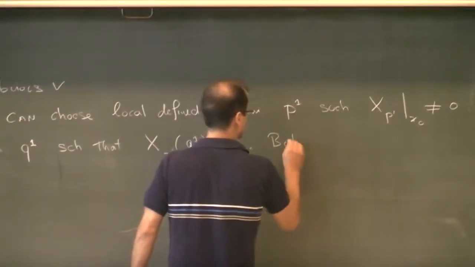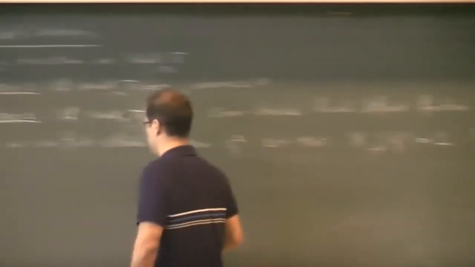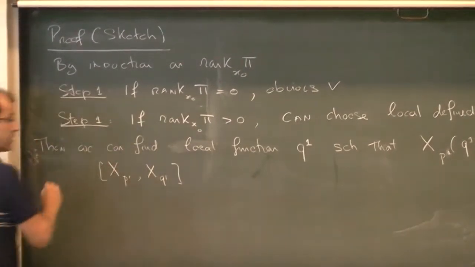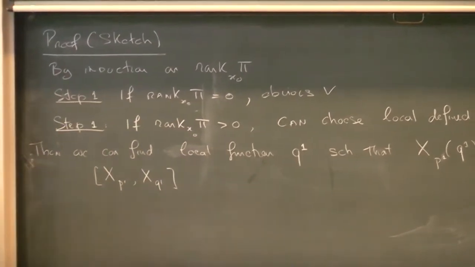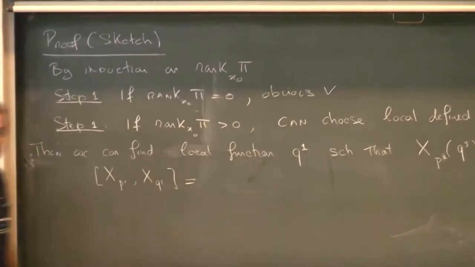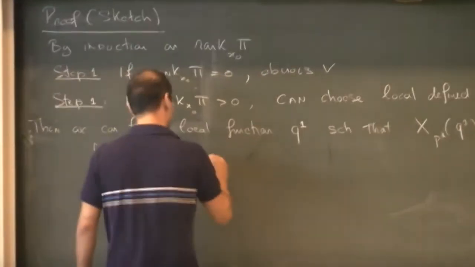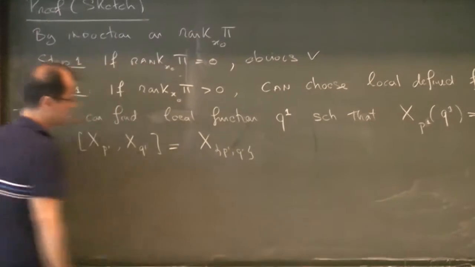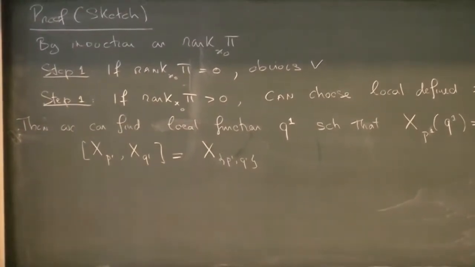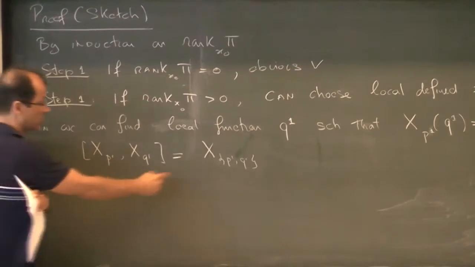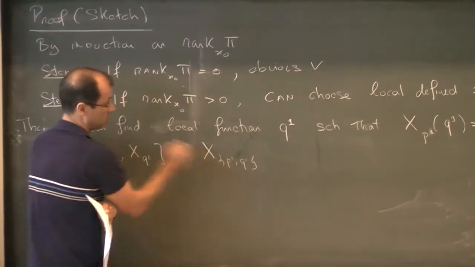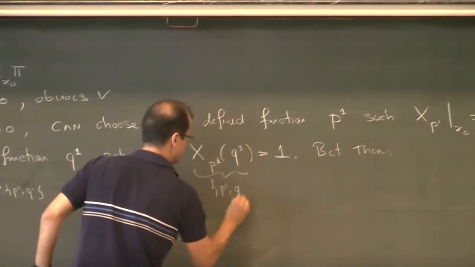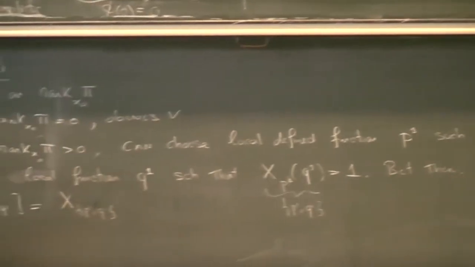Okay, but then, if I look at the vector field of q1, and I compute its bracket with the vector field associated with p1, then by the first exercise in my lecture, that was in the symplectic case, but in general this is true for any Poisson manifold, this Lie bracket is the vector field associated with the Poisson bracket of these two functions, which is the same thing as the bracket of p1 with q1.